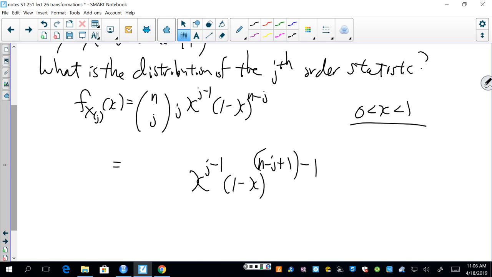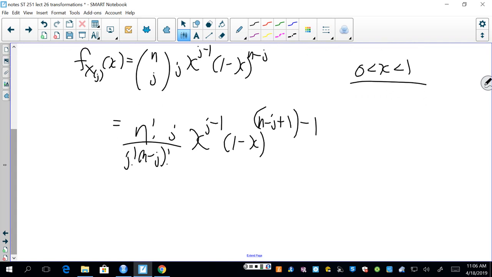Well, this combinatorics has n factorial, and then there's a j factorial. J is still there, and then n minus j factorial. But for integers, these things are like these gamma functions. So this was gamma of n plus 1. One of the j's cancels, so it's j minus 1.